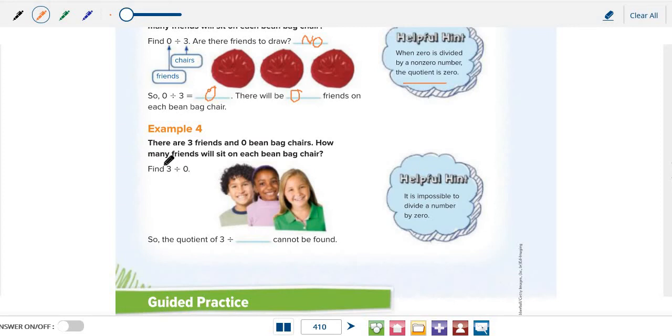Of course, no. We cannot divide any number by nothing. So the quotient of 3 divided by 0 cannot be found. The fourth rule in this lesson is it's impossible to divide a number by 0. So any number divided by 0 cannot be found.